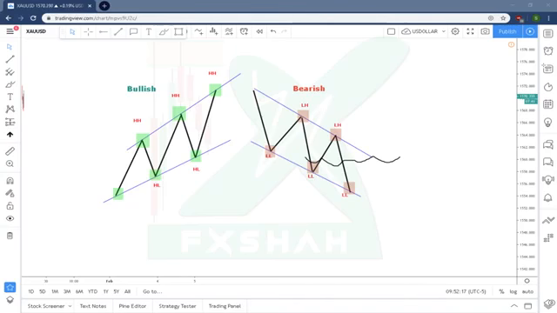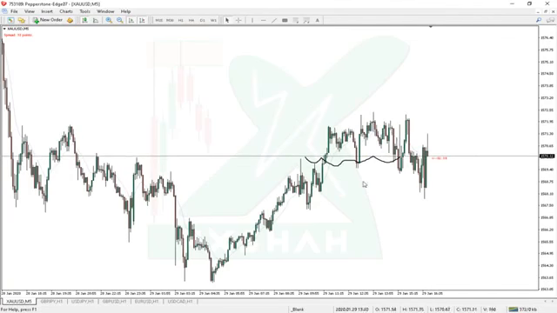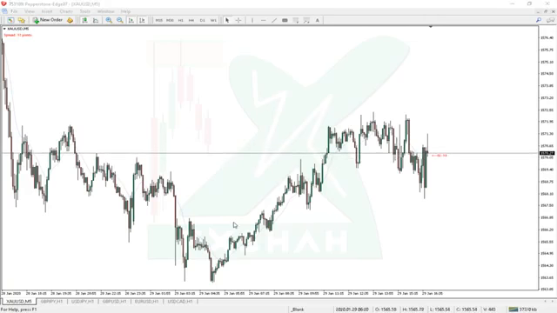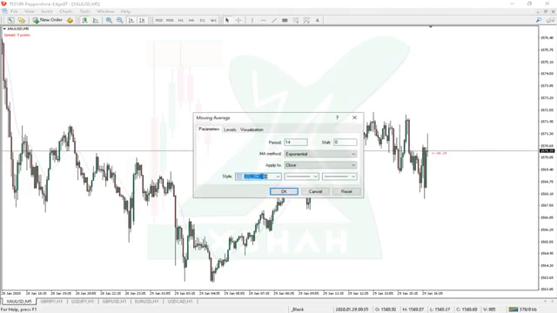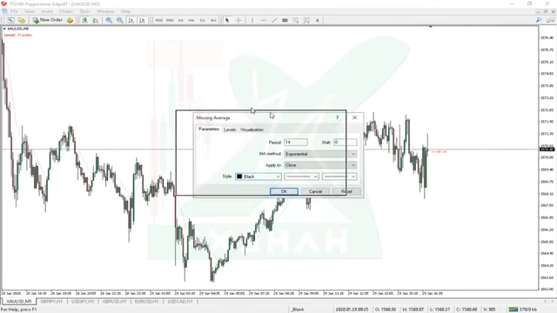So I will give you an example on this chart. This is a gold chart. Basically, the 20 EMA, 50 EMA, or 200 EMA can give us an idea whether the market is trending or not. If we look in this area, this is the 14 EMA.